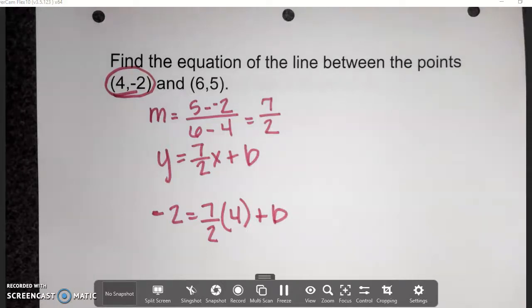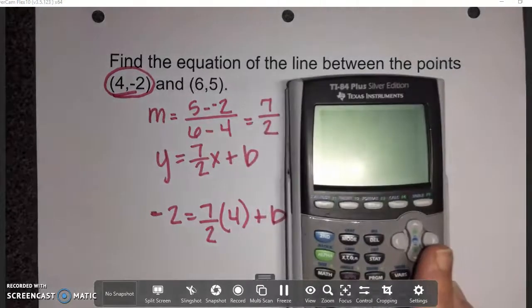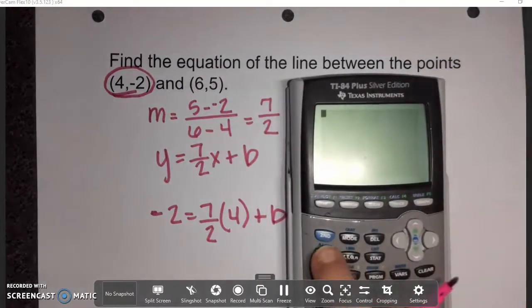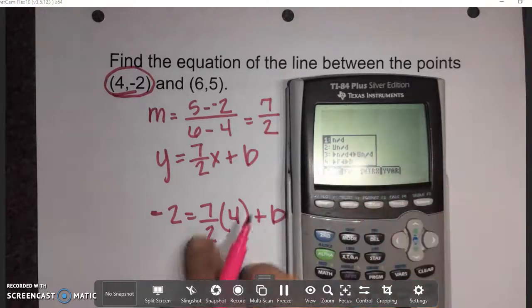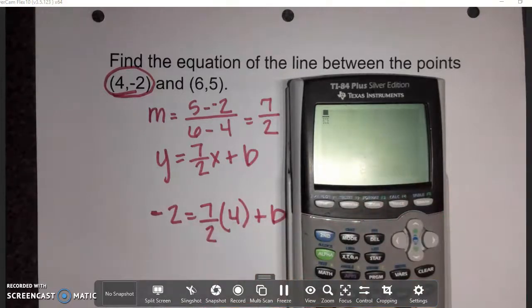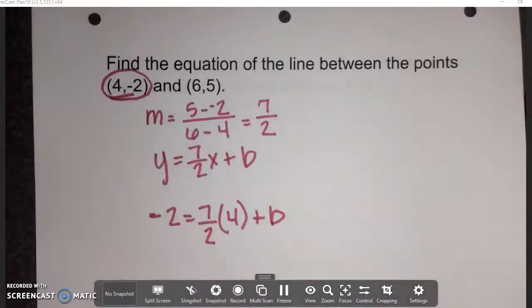So I'm going to show you how to use your calculator for fractions. So you hit the alpha button and the y equals, and you get this list right here. We want a fraction, so it's going to be number 1, and you'll get the box over a box. So we're going to put 7 over 2 times 4, and that's going to be 14.